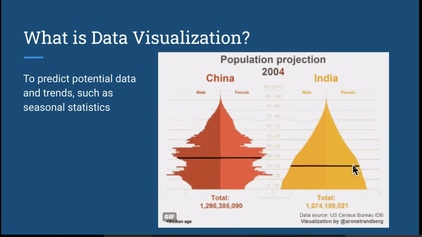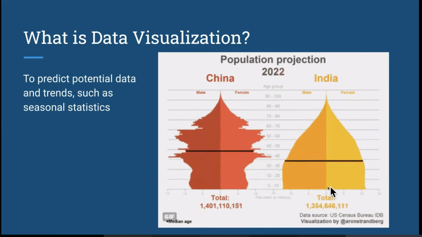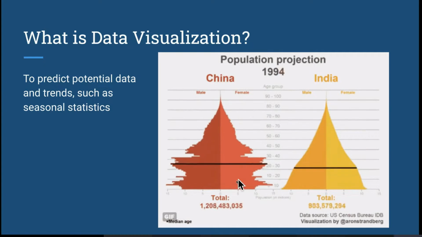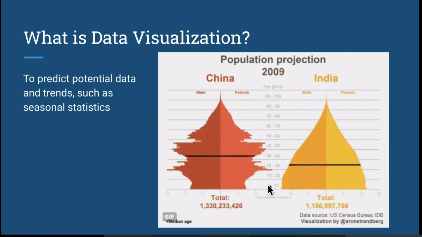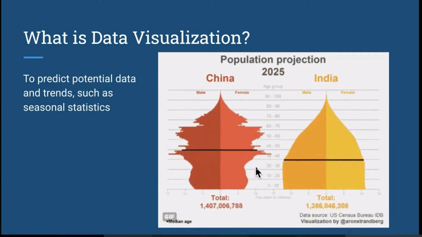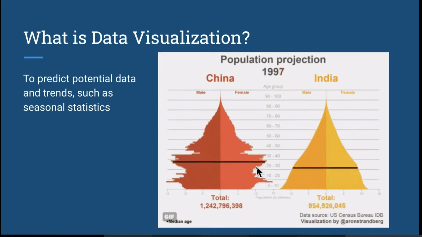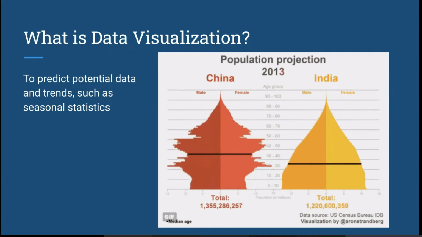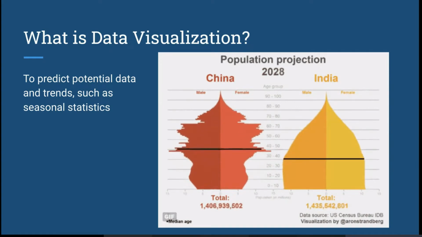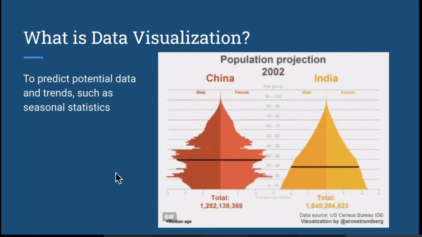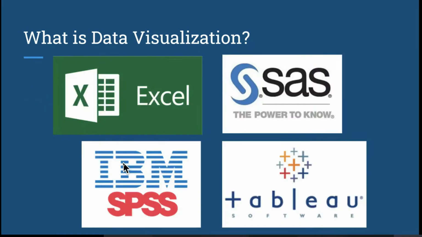So the shape of this population chart is like an onion, and it doesn't reduce compared to China. This kind of visualization is useful because city planners can predict population growth and plan ahead for the country's budget, healthcare planning and so on.